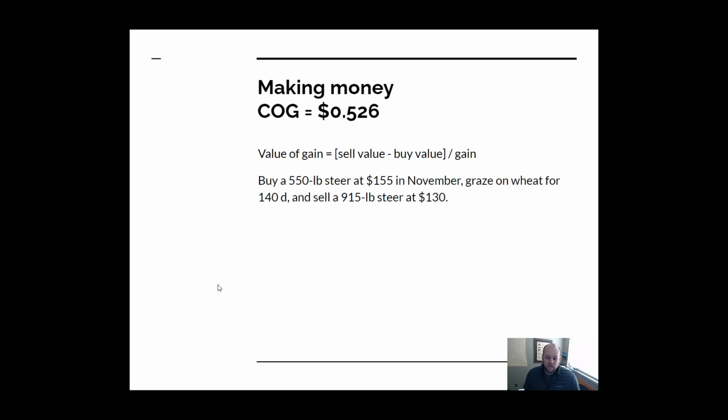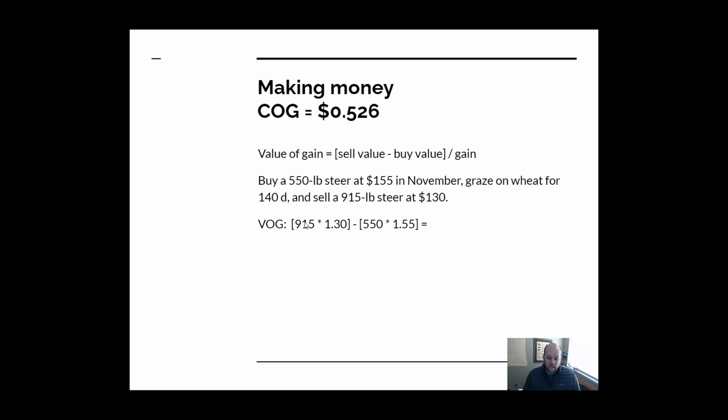Let's say, for example, in our example we bought a 550-pound steer at $155 per hundredweight in November. We grazed it on wheat for 140 days, and we sold that 915-pound steer at $130 per hundredweight. So let's go through calculating the value of gain. The first thing we do is get the sell value.